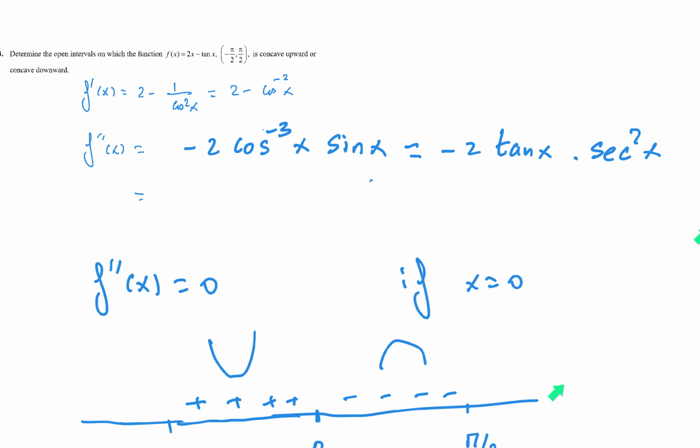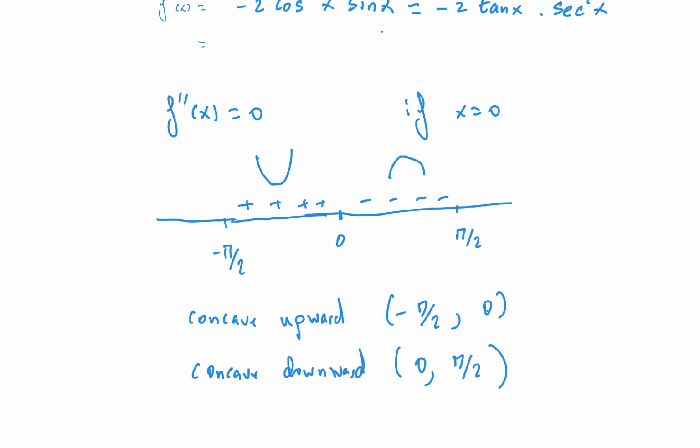In this case, at x equals 0, f double prime of x is 0 because tangent of x is 0. So at 0 there is an inflection point. The second derivative is 0.